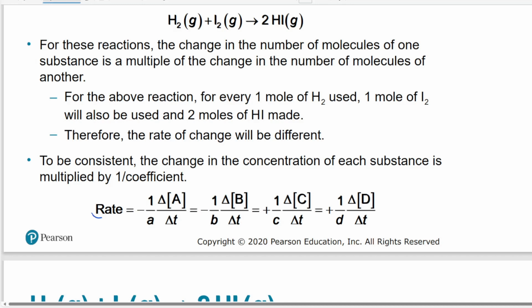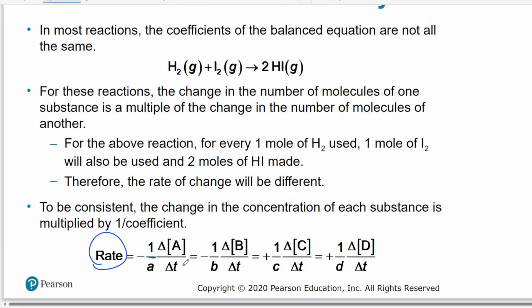So the rate could be expressed as negative 1 over the concentration of, say, A, and its change over time, minus negative 1 over the concentration of, say, B and its change over time. And these would be our reactants.